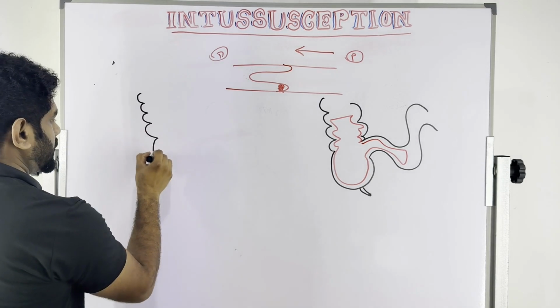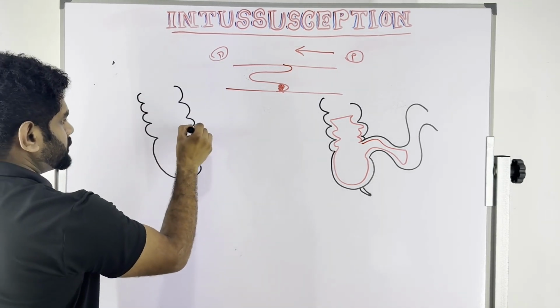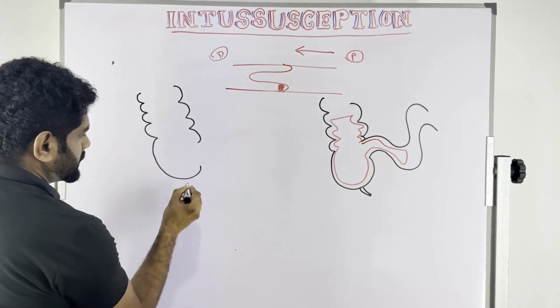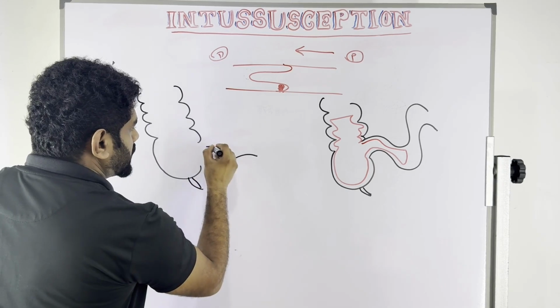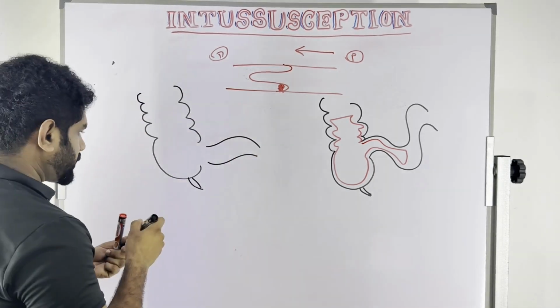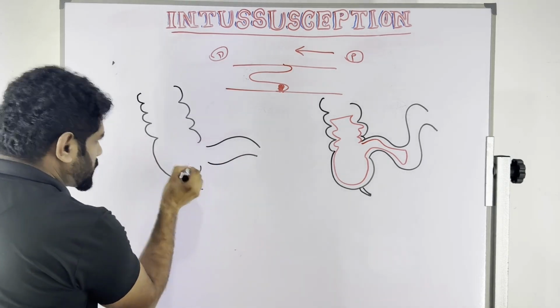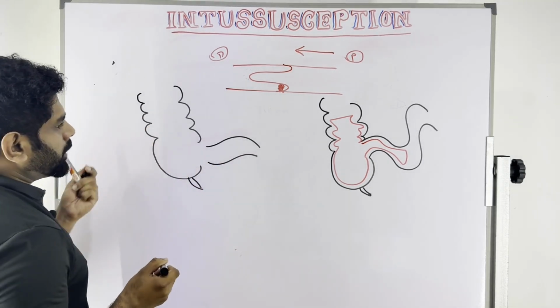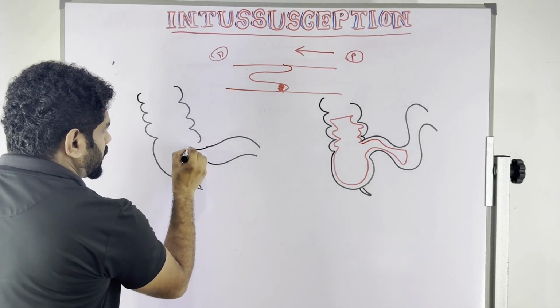This is the ascending colon. Here we have the cecum. This is the appendix. Here we have the ileum. Now the part of the ileum is pushed into the colon. So let's say this part is now pushed.